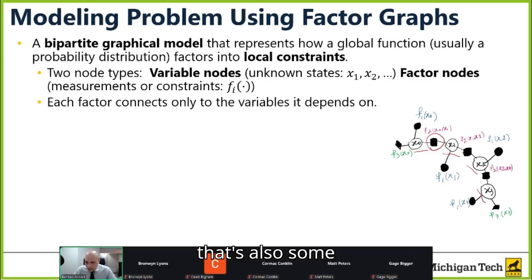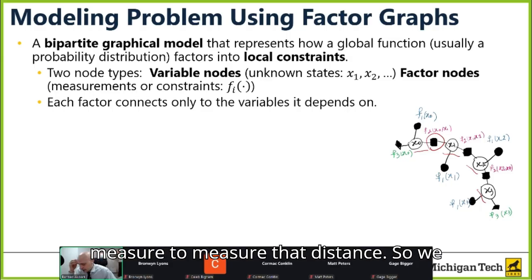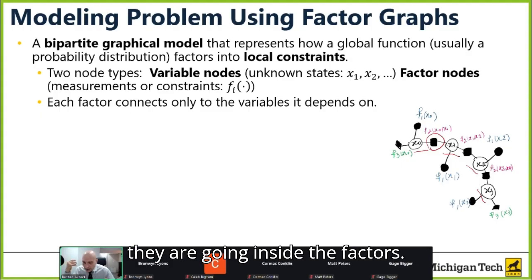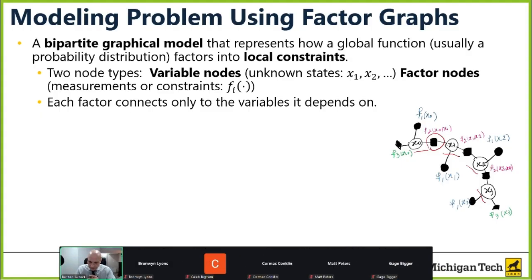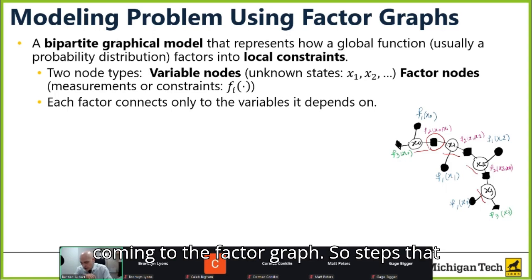So that's also a constraint as well. But measurements, we can measure too. What we measure is the distance. So we have measurement constraints. Anyway, they are going inside the factors. So we just have factors and unknown states. And the relationship between these two comes into the factor graph.